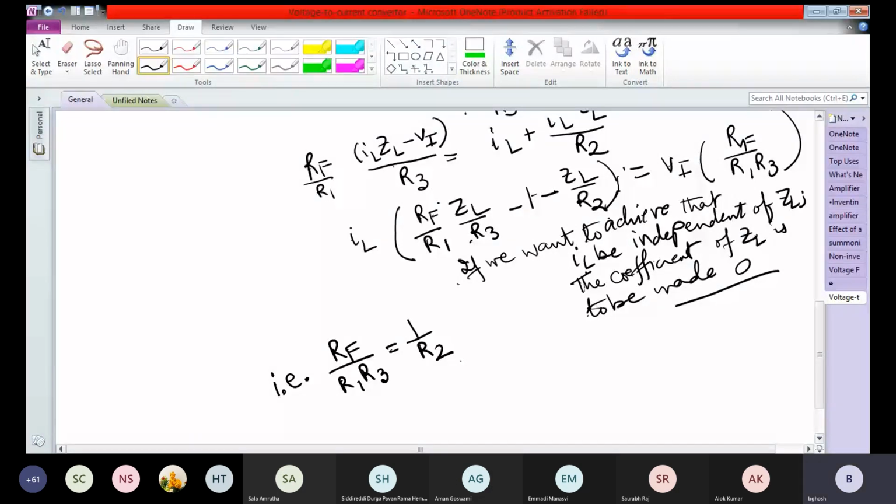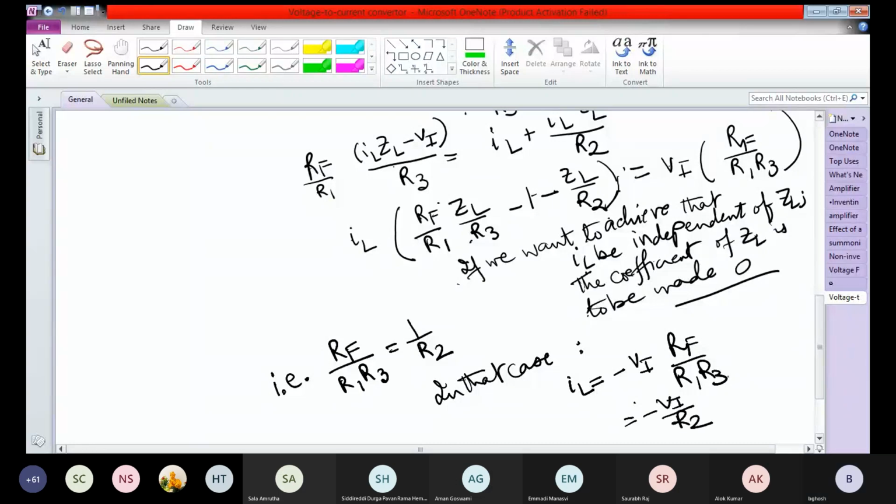And if that be the case, in that case IL becomes equal to minus Vi by R2, from this relationship RF by R1 R3 is 1 by R2.